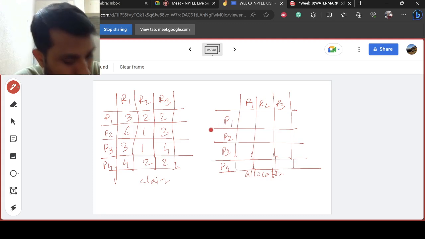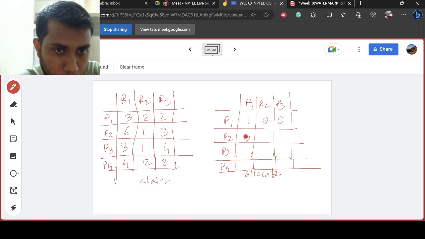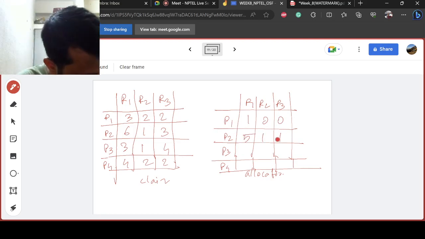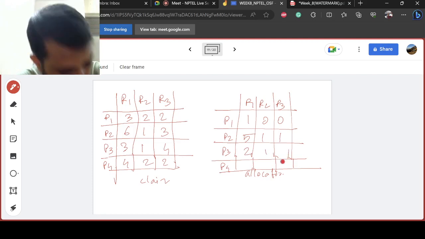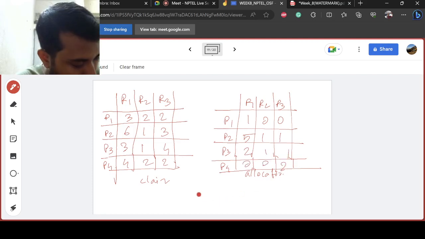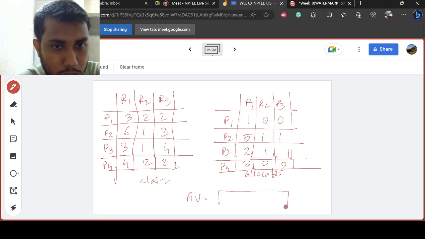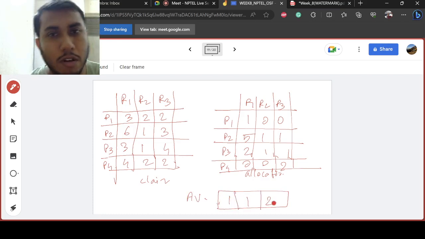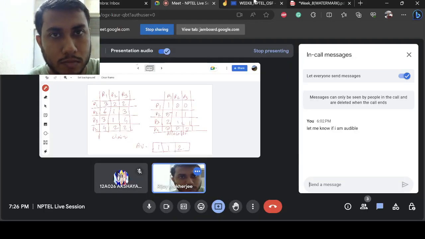Your allocation is 1 0 0, 5 1 1, 2 1 1 and 0 0 2, and your current available vector is 1 1 2.